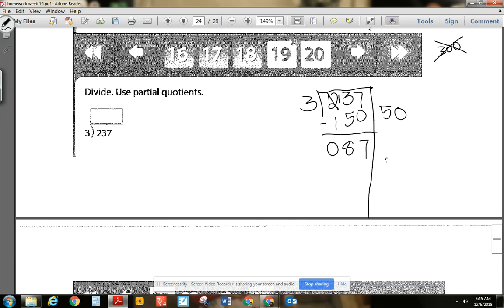I could do 20 because 3 times 2 tens would be 6 tens. How many 3s fit into 27? Oh, 9, because 9 times 3 is 27. And it fits in perfectly. I don't have any remainder. So how many 3s fit into 237? 79.